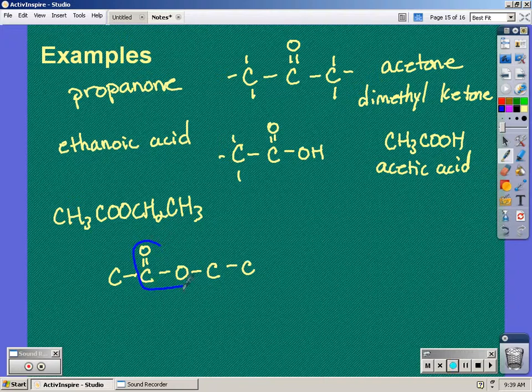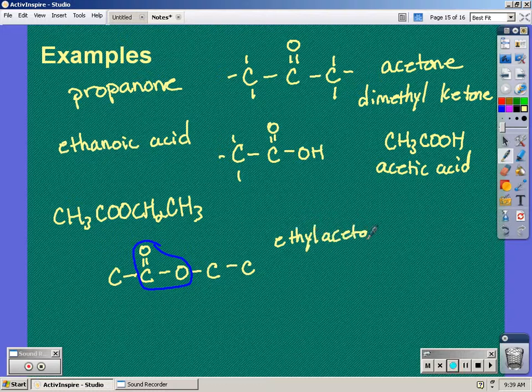Hopefully you recognize that as an ester. On this side we have a methyl group, and on this side we have an ethyl group. So we could call this ethyl acetate.